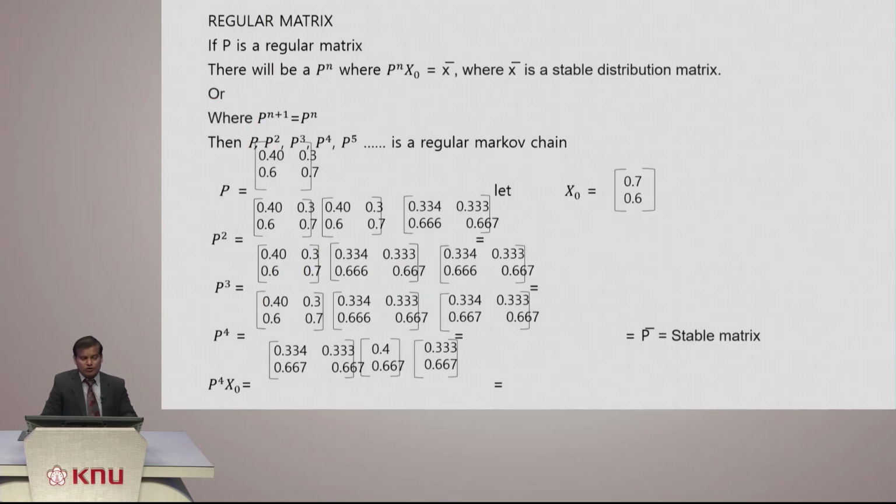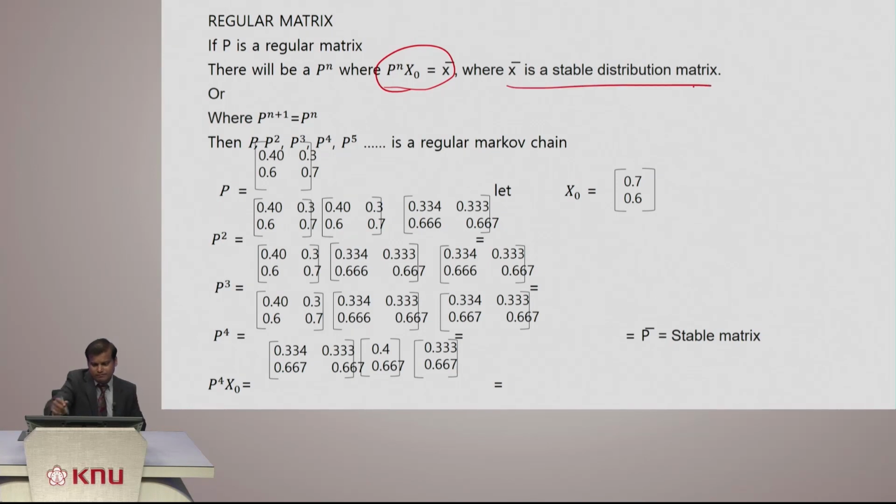Here is one more piece of information about the regular matrix. If P is regular, there will be P power n, where P power n times x naught is x bar. We discussed this, where x bar is the stable distribution matrix. And we know that there will be a time when it reaches P power n plus 1 equals P power n. So this P bar is a stable matrix.